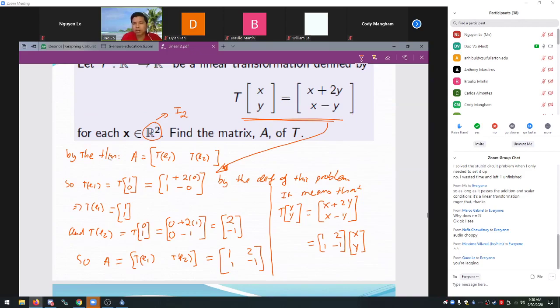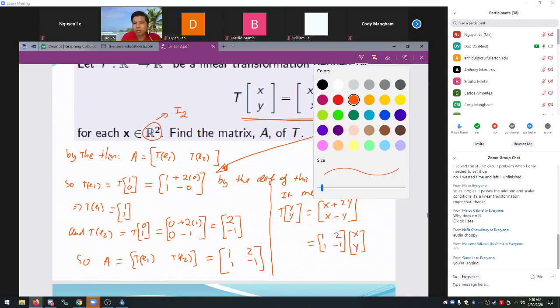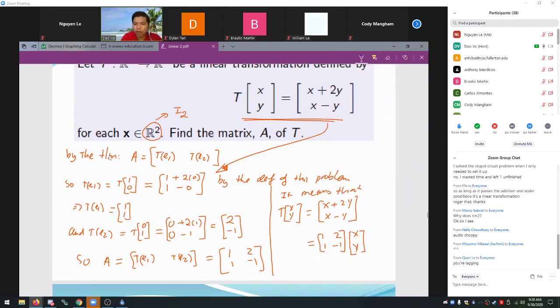What's the difference? The one up here is a linear transformation. This whole thing here we know as a matrix transformation.